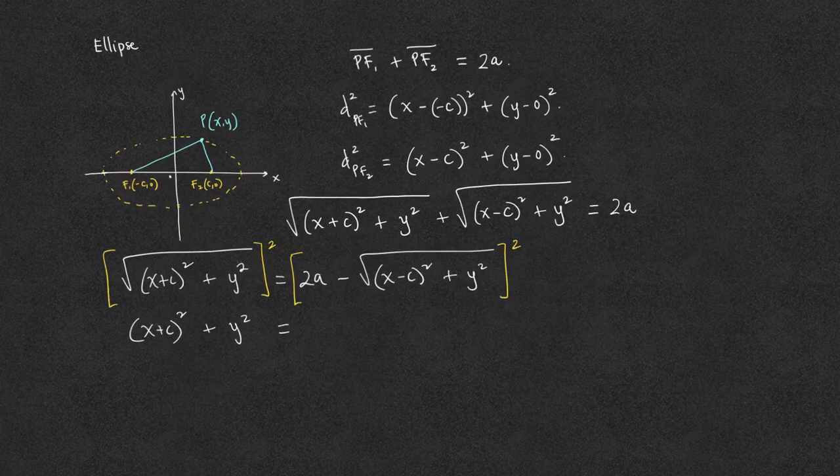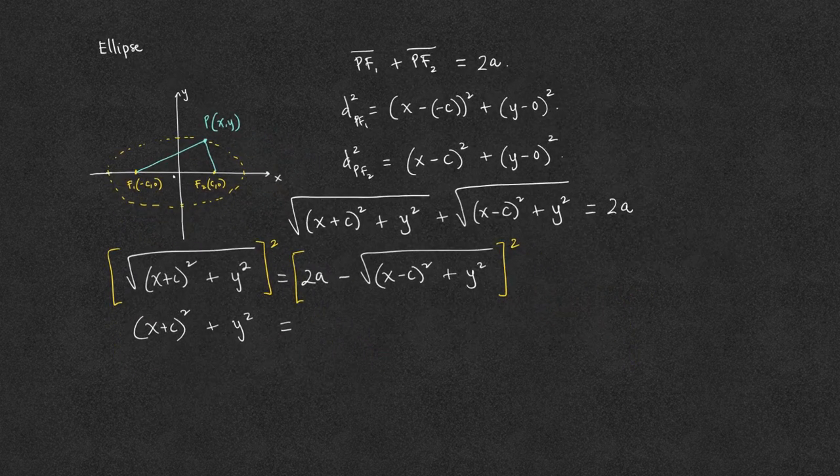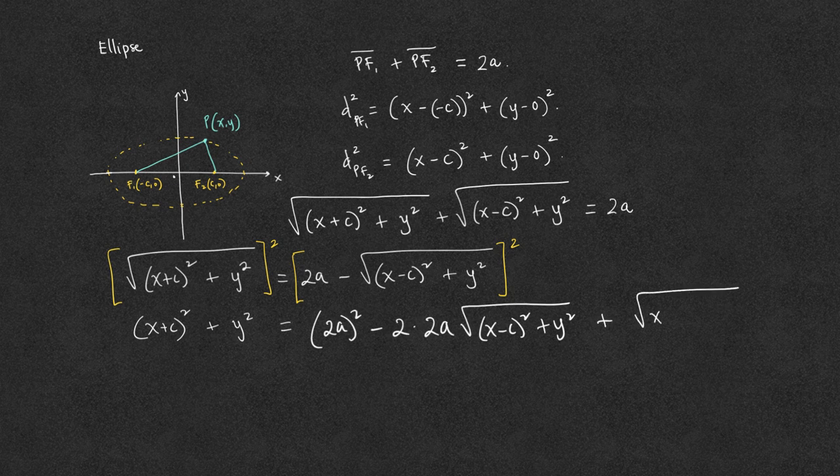Using the identity for the square of a binomial on the right-hand side, we have 2a squared minus 2 times 2a times the square root of x minus c squared plus y squared, plus the square root of x minus c squared plus y squared, squared, and this square root and the square cancel out.